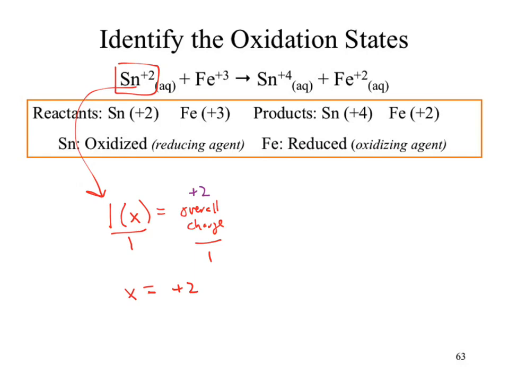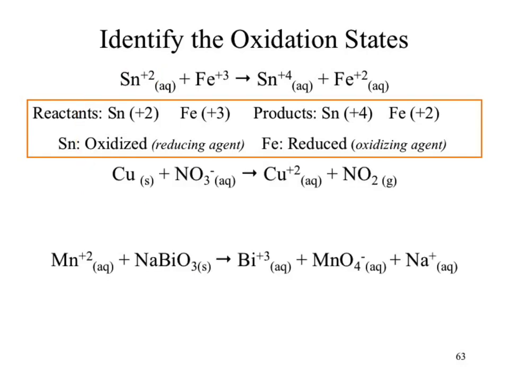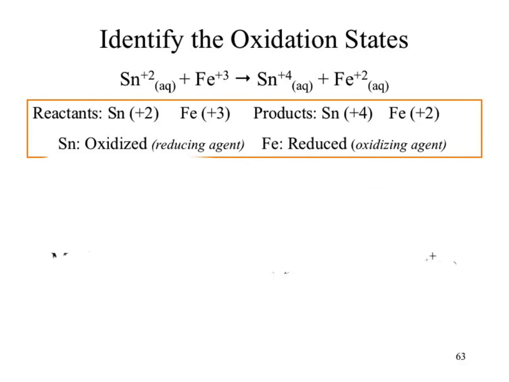Once I have all the oxidation states, then I can potentially start to evaluate what was oxidized or reduced. To do that, I'd have to look at what changed. So tin went from a +2 to a +4. How does it go from a +2 to a +4?